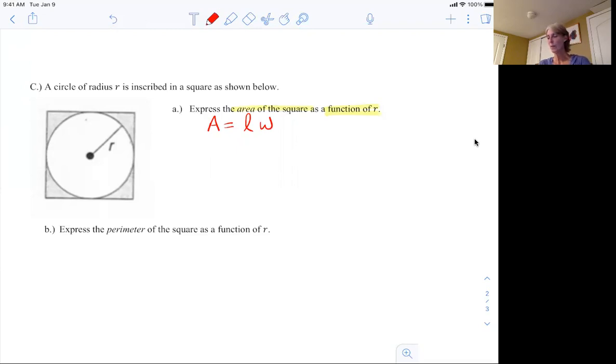Now I want to figure out what the length of this square is in terms of the radius. If we take this radius and move it around the circle, I have r and I have r. So the length of this side of the square is 2r.